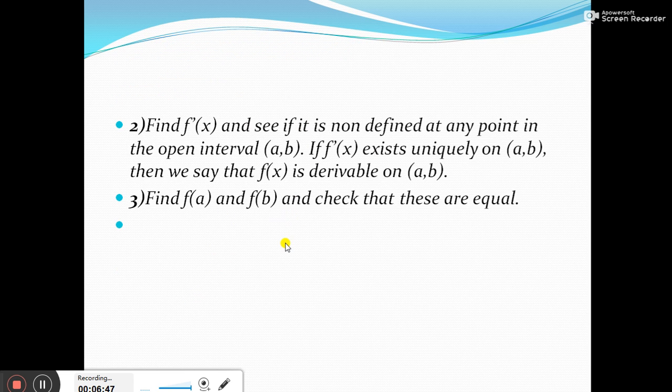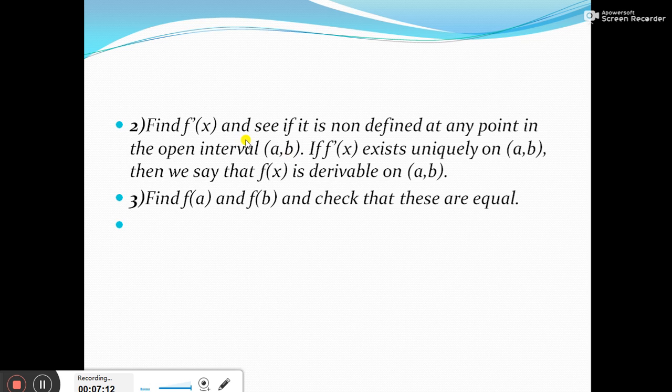Now the second one, then find f'(x). To check the second condition, that means the function is differentiable in the open interval, we have to find f'(x) and see if it is non-defined at any point in the interval (a, b).